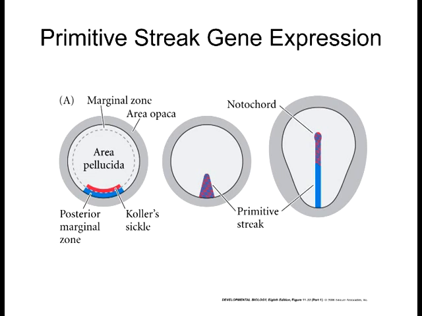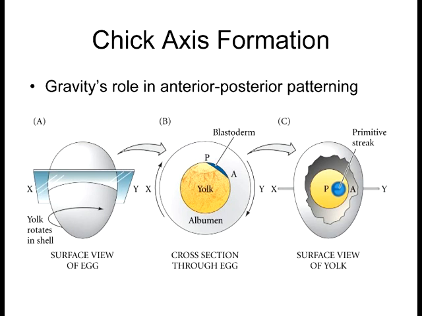Now, how does the Vg-T get sequestered over here? In fact, that is primarily due to gravity. As the egg is going through the oviduct of the chicken, it's actually rotating. And due to that rotation, the gravitation, it pushes the Vg-T to the most posterior end of where these cells are undergoing cleavage. And so that's how Vg-T actually gets pushed to this area, and that's what creates the most posterior region where the organizer is eventually going to form from this Nieuwkoop center.